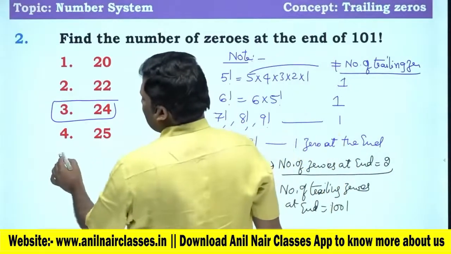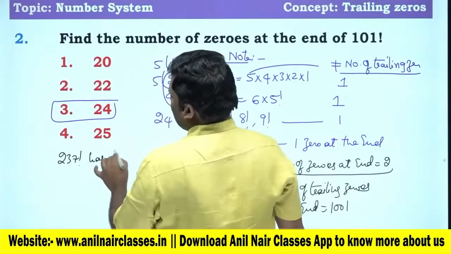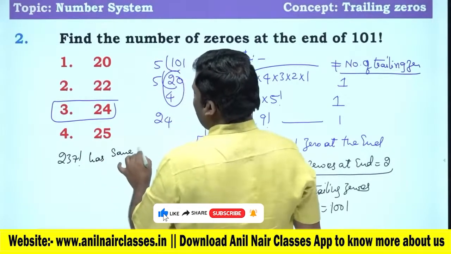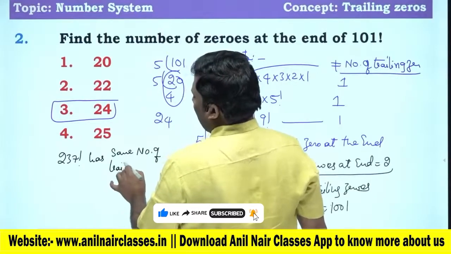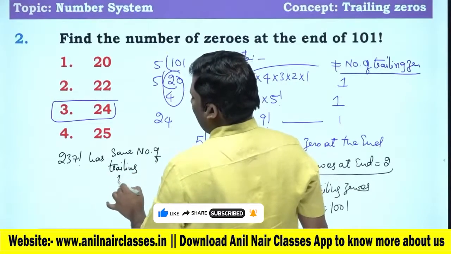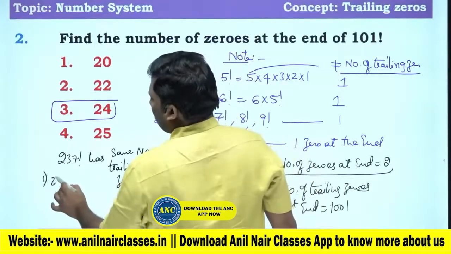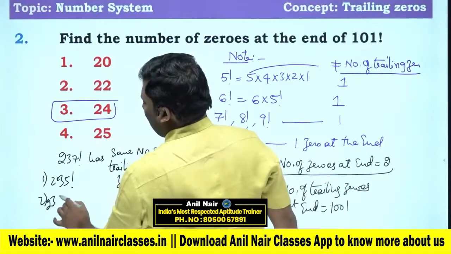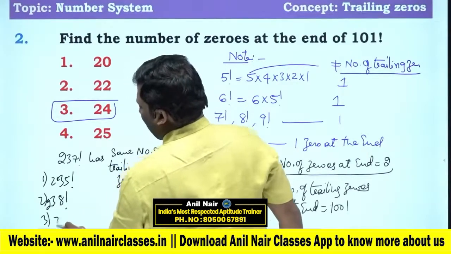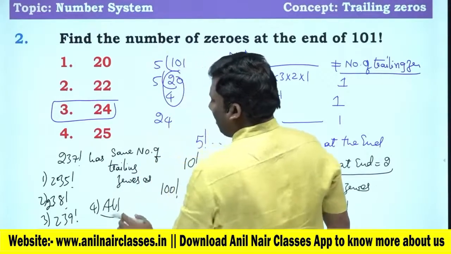Suppose he is asking 237 factorial has the same number of trailing zeros as 235 factorial, 238 factorial, 239 factorial, and the answer is all of this.